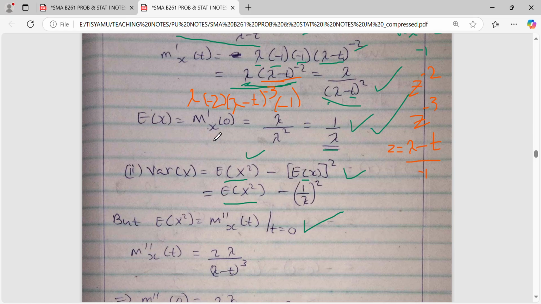So we are going to have lambda times negative 2 times lambda minus t raised to negative 3 times negative 1. So this negative and this negative here will become positive. So we are going to have twice lambda into lambda minus t raised to negative 3, like that.